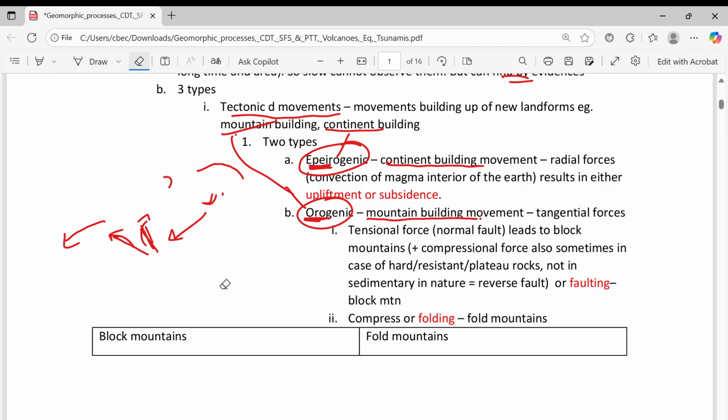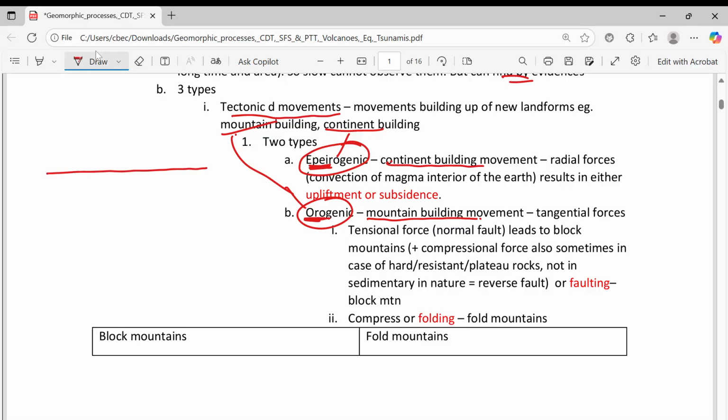Let me draw it neatly. Like this, it is coming. So this is the radial force. This is what we call radial force.